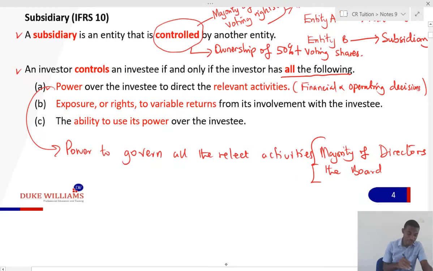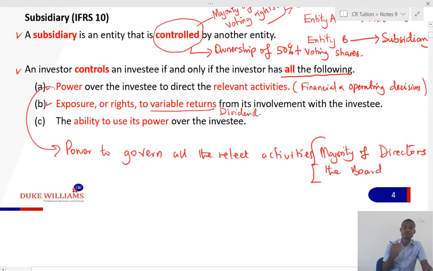The next point is that control means that the investor has an exposure to variable return. Now, these variable returns is dividend.